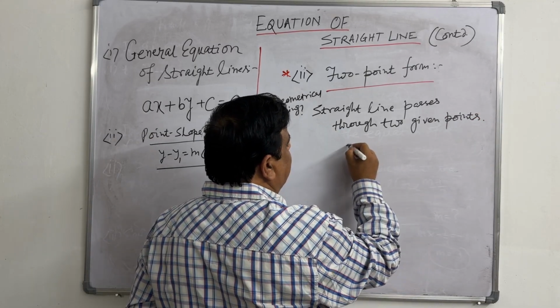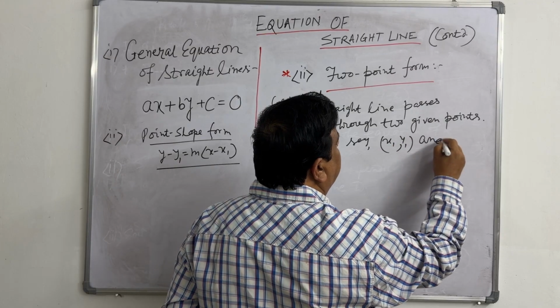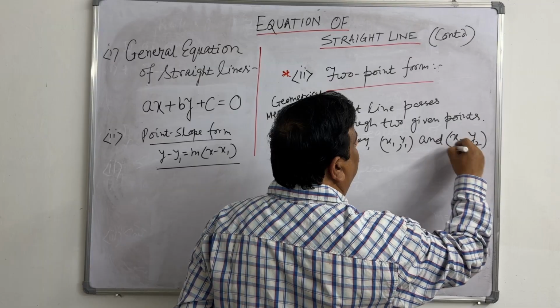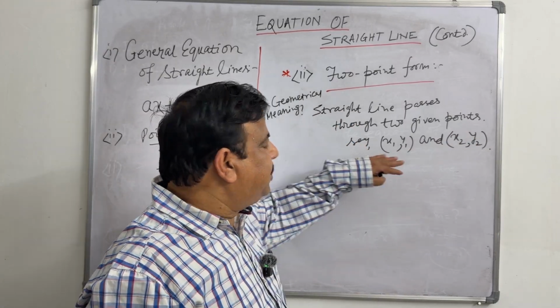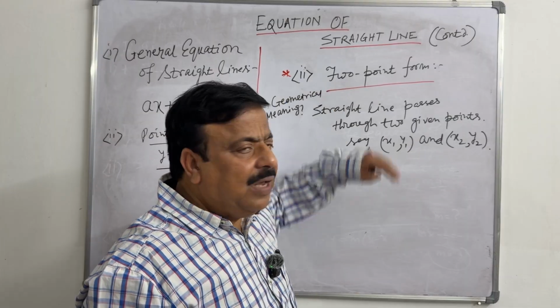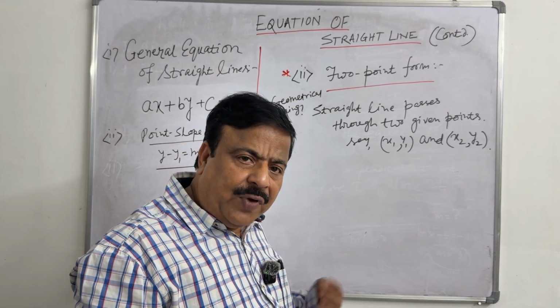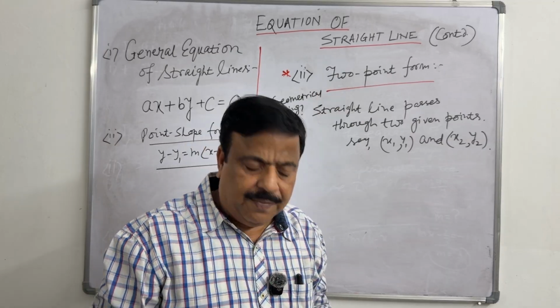Say x1, y1 and x2, y2. These 2 points are given through which the line under consideration will pass. We have to find out the equation of that line, which we call 2-point form. Okay.